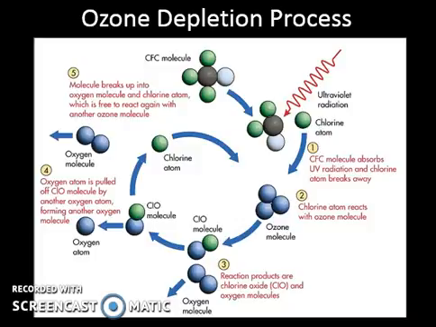Ultraviolet light splits up the CFCs and provides a free chlorine atom, and that chlorine atom can combine with an oxygen molecule and break up our O3. Literally, it's the division of the chlorofluorocarbons that breaks up our O3, and that is the depletion of the ozone. So you can walk through this cycle.